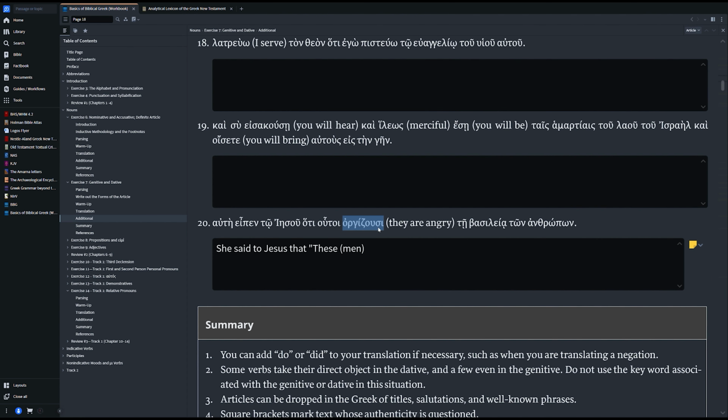Orgizusi, you have not had this. It means they are angry. So they're going to give it to us. We know that these men are angry. And then ti Vasilia. Ti Vasilia obviously comes from Vasilia, which means kingdom, and it's a dative. So we're going to write to kingdom.